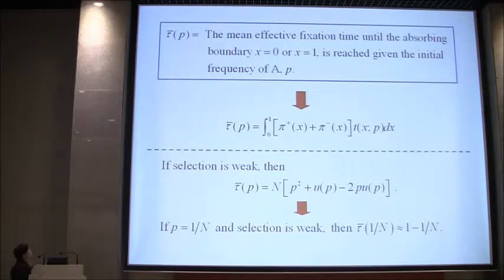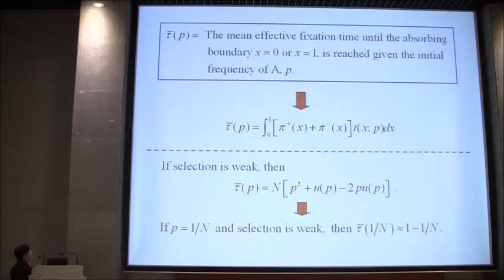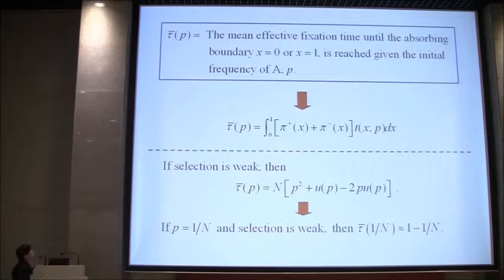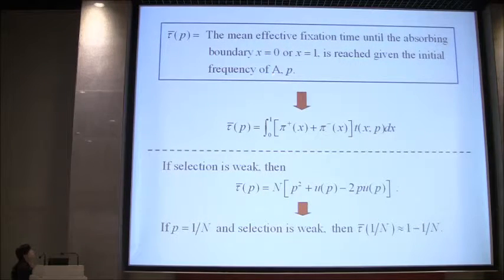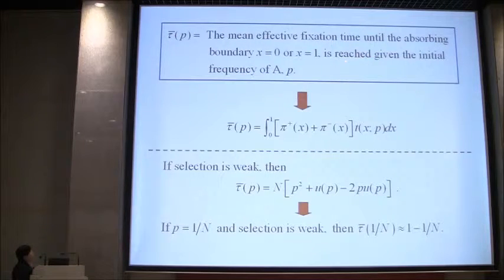Next, we define the mean effective fixation time until the boundary x equals 0 or x equals 1 is reached, using the initial frequency of A, p. This is the equation. If the selection is weak, then we can get the expression of tau bar p.